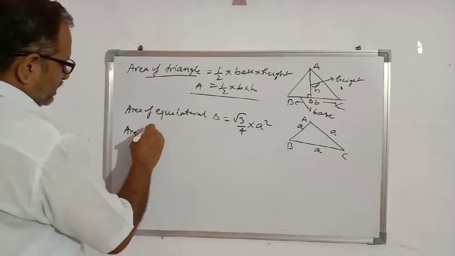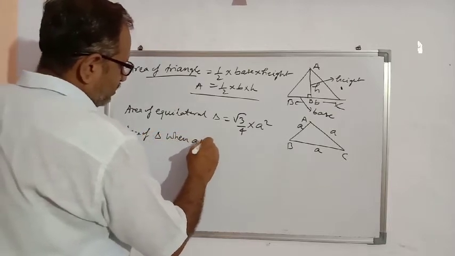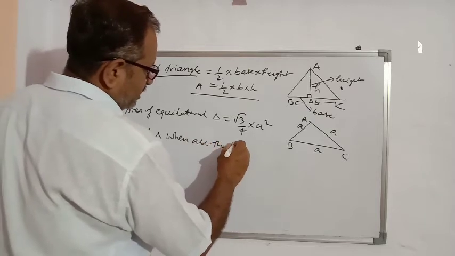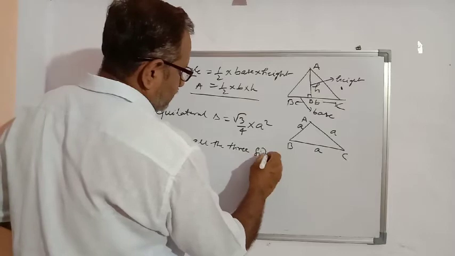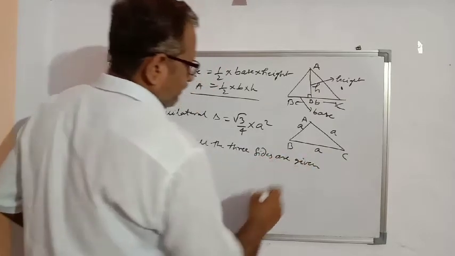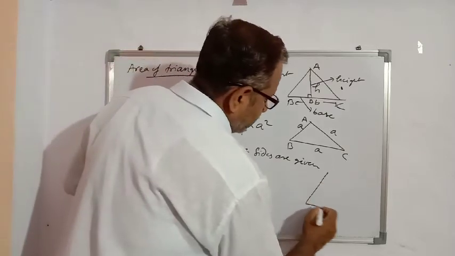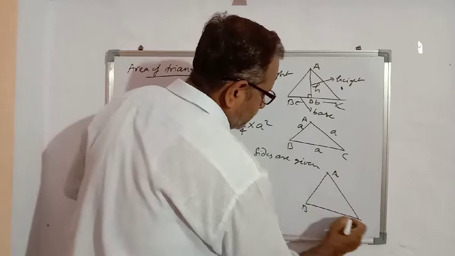Next, area of triangle when all the three sides are given. This is triangle ABC.